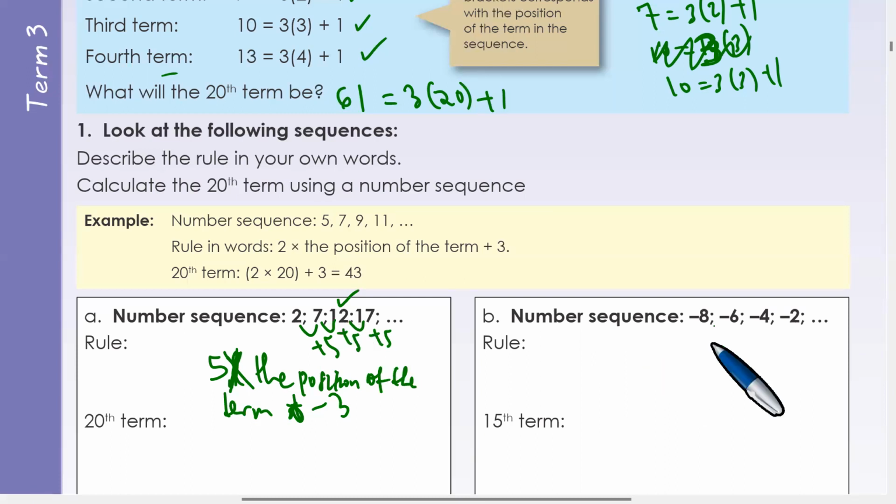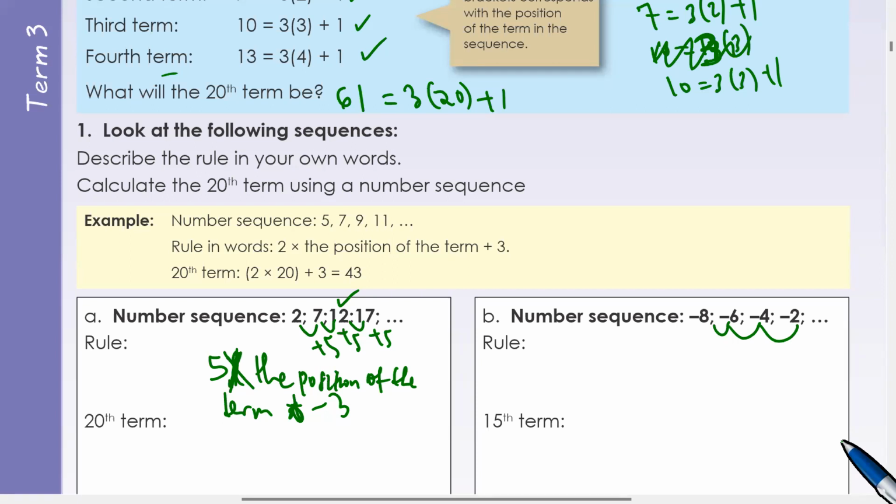By how much is this one increasing or decreasing? By how much is it increasing or decreasing that one in B? It's increasing by 2. What are we doing there to get -6 from -8? What has happened? Did we add or did you subtract?